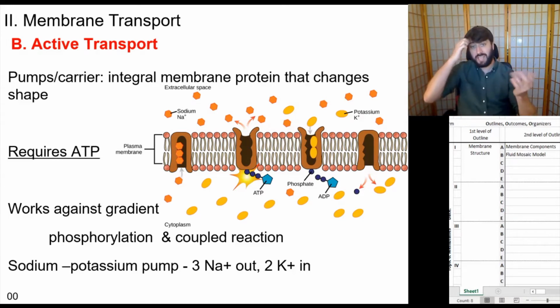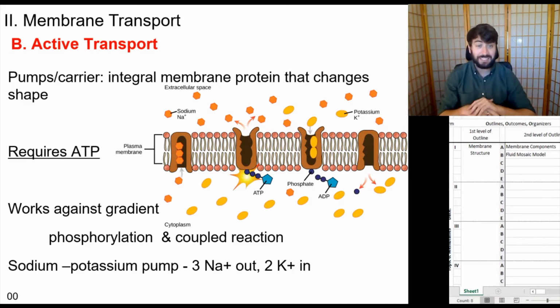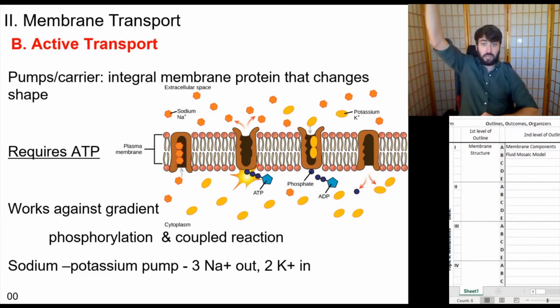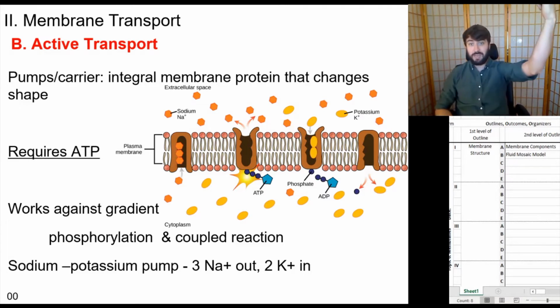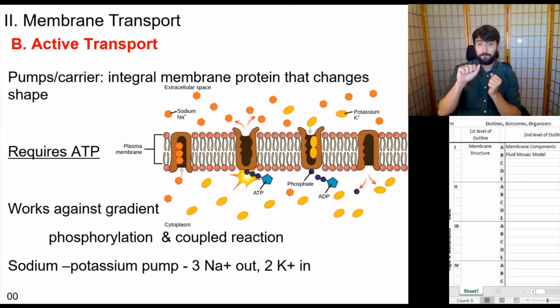Now, a great example is the sodium-potassium pump, which ships 3 sodium ions out of a cell and 2 potassium ions into a cell, and requires ATP to do it. Simply put, when the phosphate from the ATP binds to the membrane protein, 3 sodium ions from inside the cell also bind.